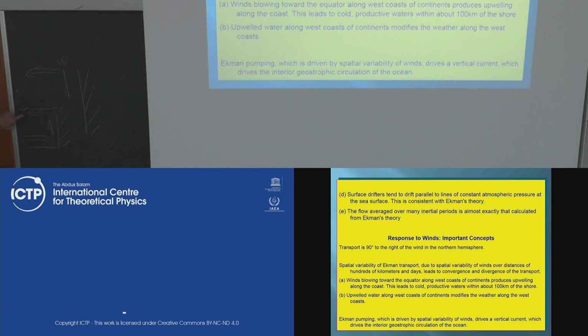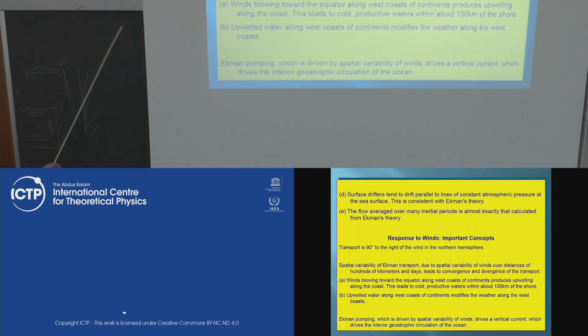So as a consequence of the Ekman transport from the coast toward the open sea, there is a circular movement where next to the coast there is an upwelling, an upward motion of the water masses, due to this Ekman transport away from the coast along the western coast.